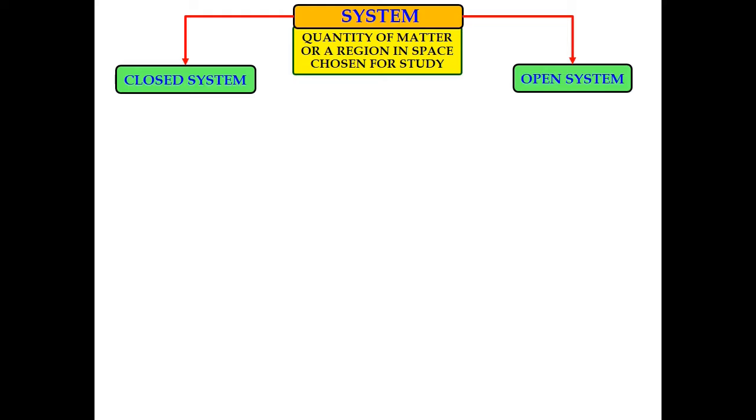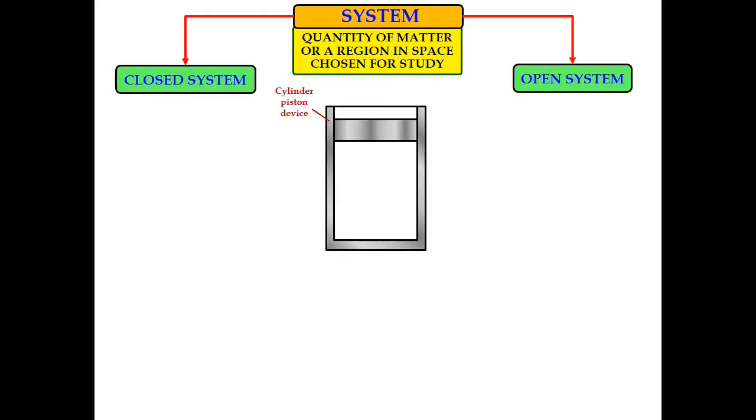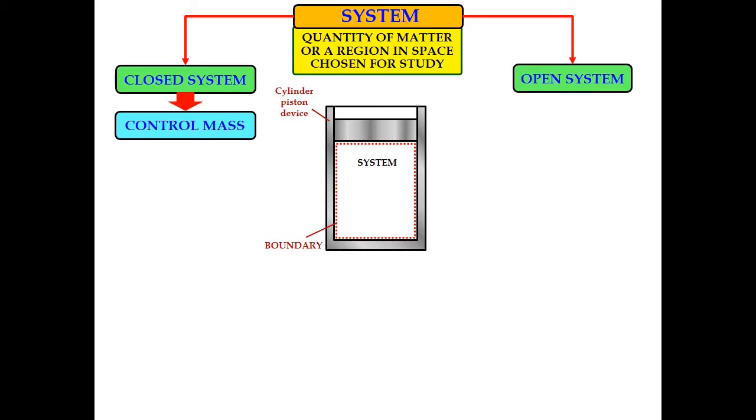For a closed system, this schematic diagram shows an example. We have a cylinder, we have a piston, and we select the boundary for our system. This system we also call a control mass system.